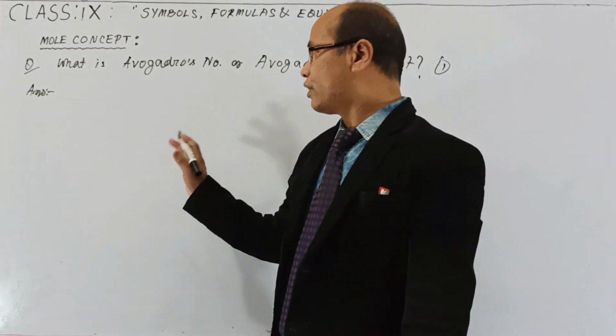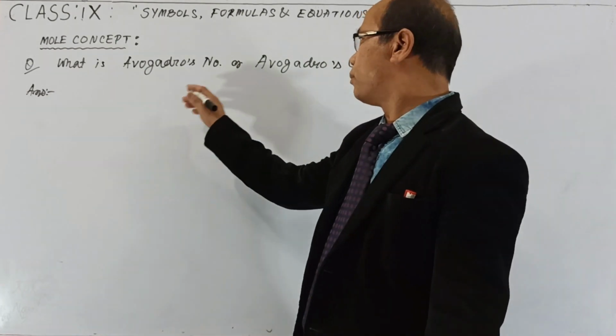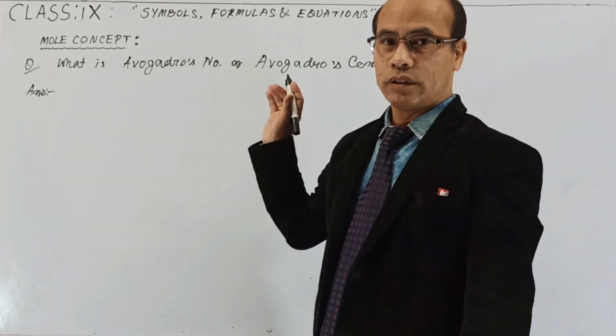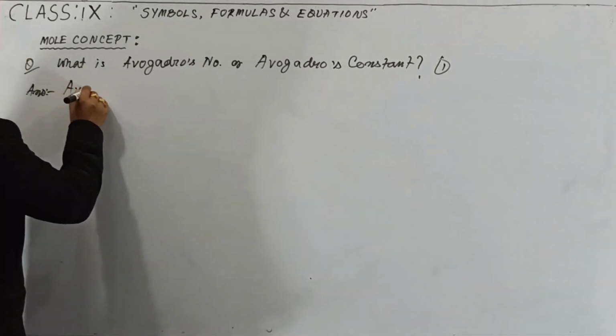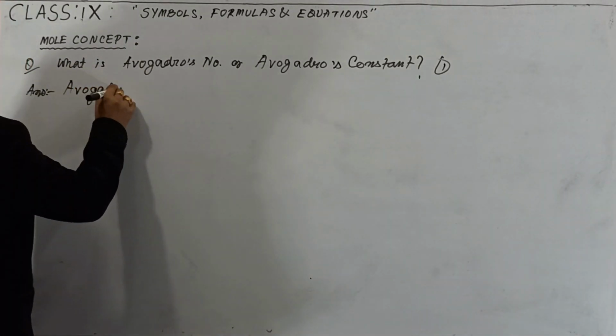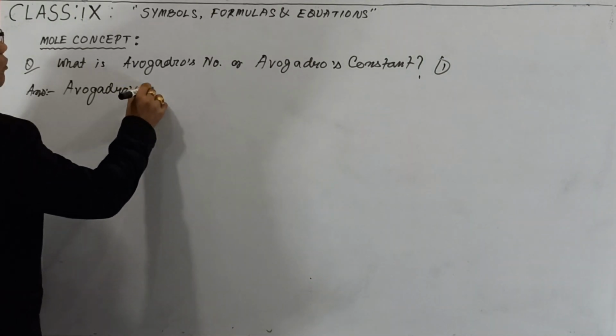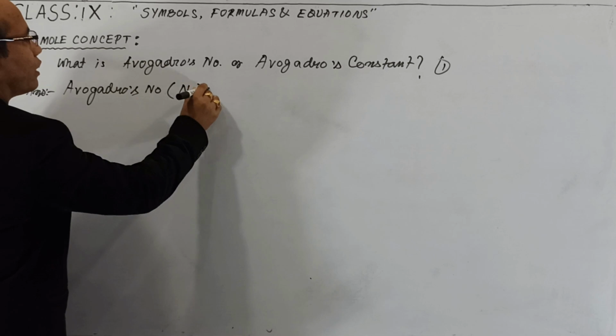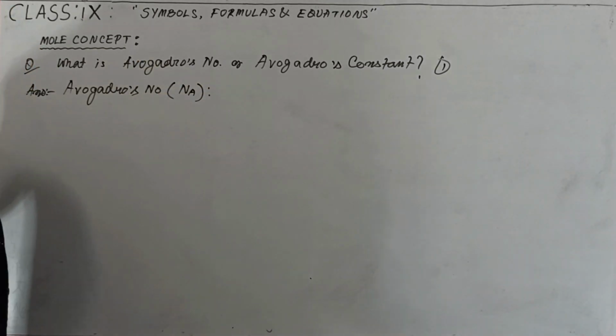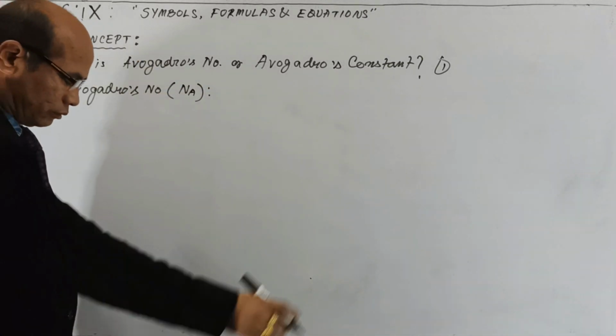So this fixed number is called Avogadro number or Avogadro constant. So simply you can write like this: you can write Na as a symbol for Avogadro number or Avogadro constant.